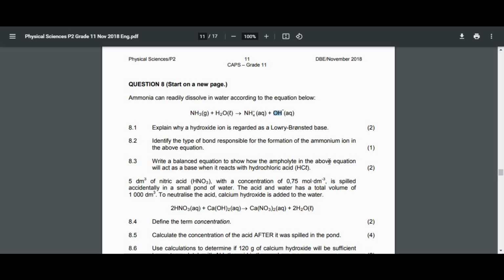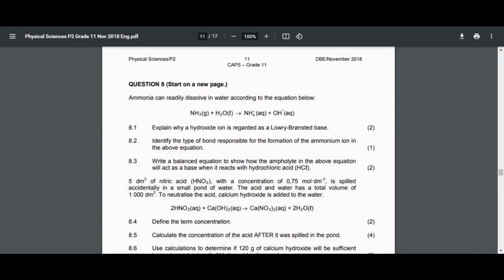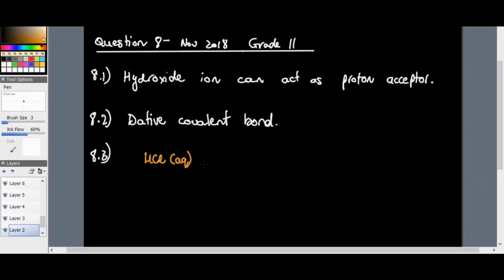Water is the ampholyte here. We need to react it with hydrochloric acid and write a balanced equation for it. I'm going to pick out another color. We have HCl in aqueous form, and let's react that with water, H2O, which is a liquid. That gives us H3O plus in aqueous solution, which is a hydronium ion.